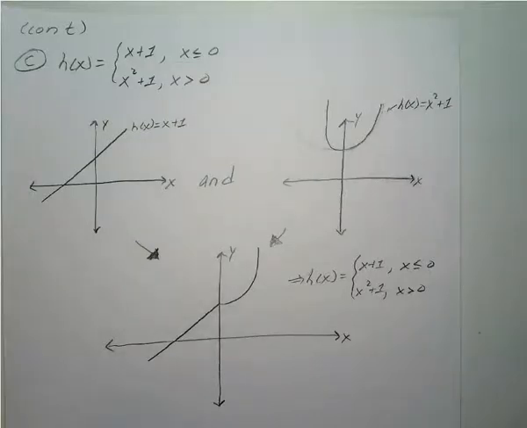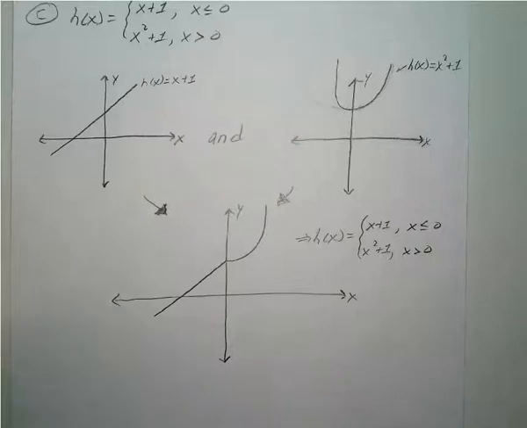Okay, now with this one, we see that it's continuous over the entire number line.